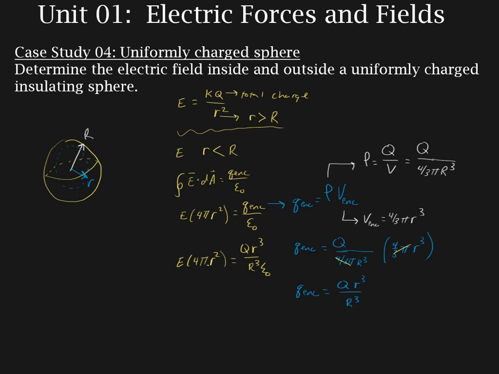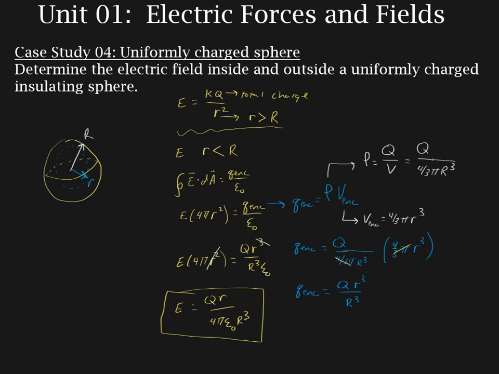Now we'll cancel out the r squared with two of those r cubes in the numerator there, and we're going to get E is equal to Q little r over 4 pi epsilon naught capital R cubed. And that is the final answer. That's the field model for when you're inside this sphere.